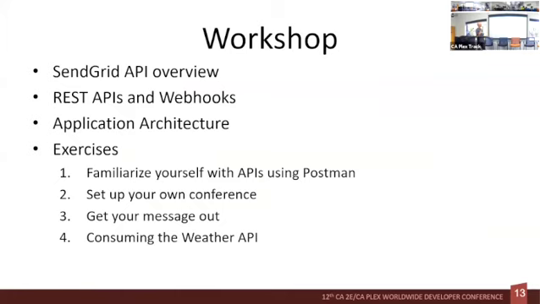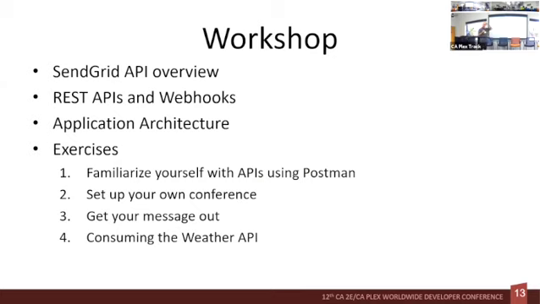So you've got a few pages to read. Then we have the discussion about REST APIs and webhooks and some extra information in there just to give you a better understanding if you're not familiar with it. And then we can look at the application architecture, how it works, and then we get to the actual exercises themselves.